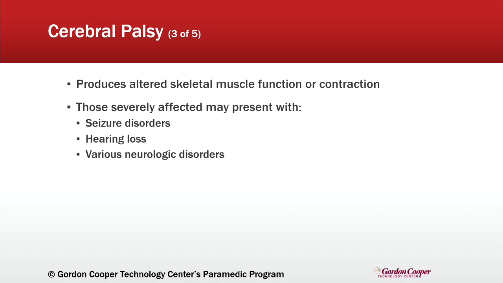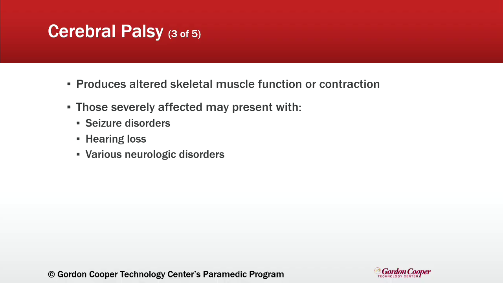The usual cause of cerebral palsy. Cerebral palsy usually results in altered skeletal muscle function and coordination. The muscles may be poorly controlled and appear unusually contracted, flaccid, or paralyzed.